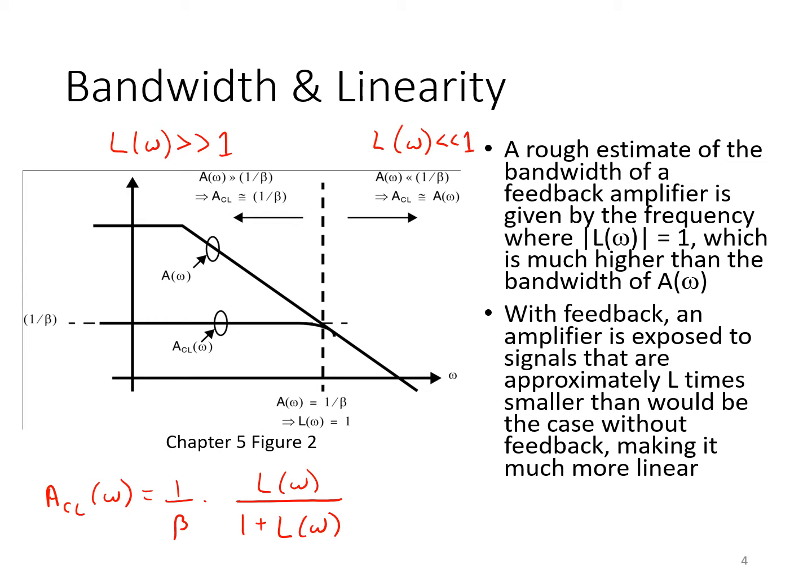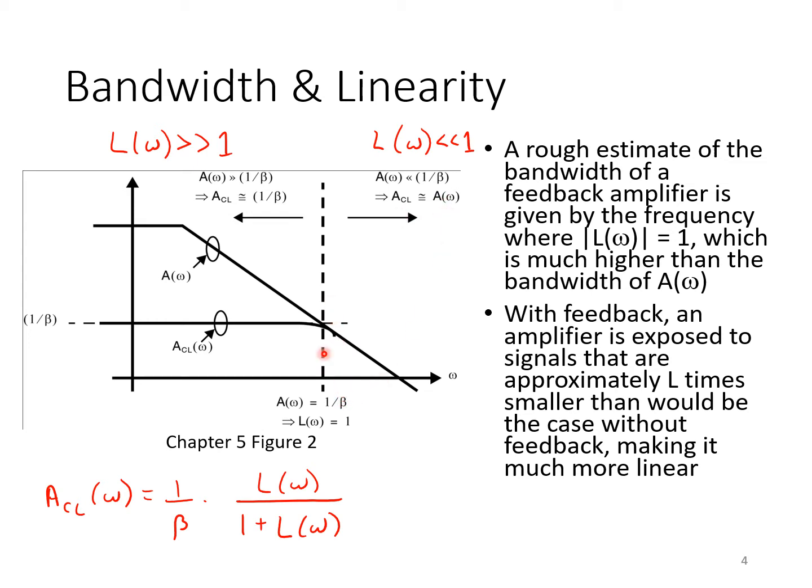And then in that frequency range, instead we're going to have L being negligible compared to this term 1 in the denominator, and we're going to end up with a closed loop response that simply looks like L over beta, which can be simplified to simply the amplifier gain A.